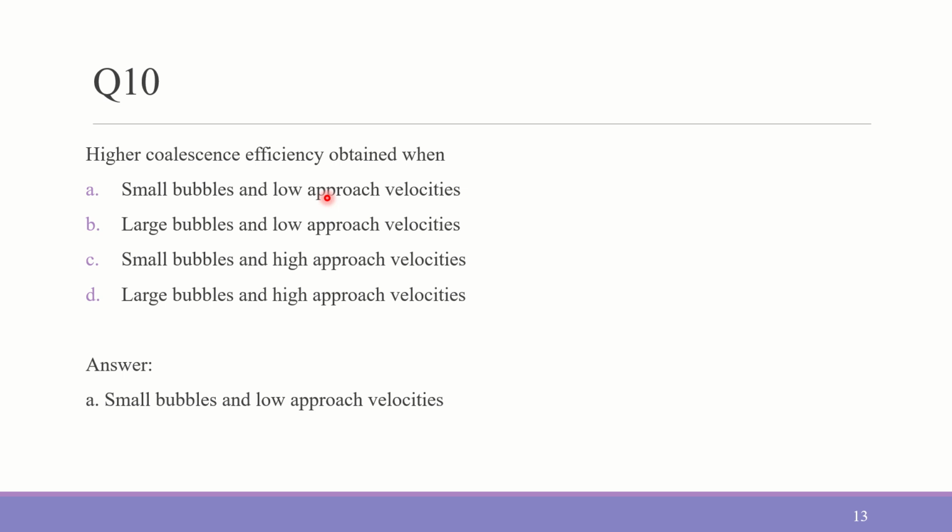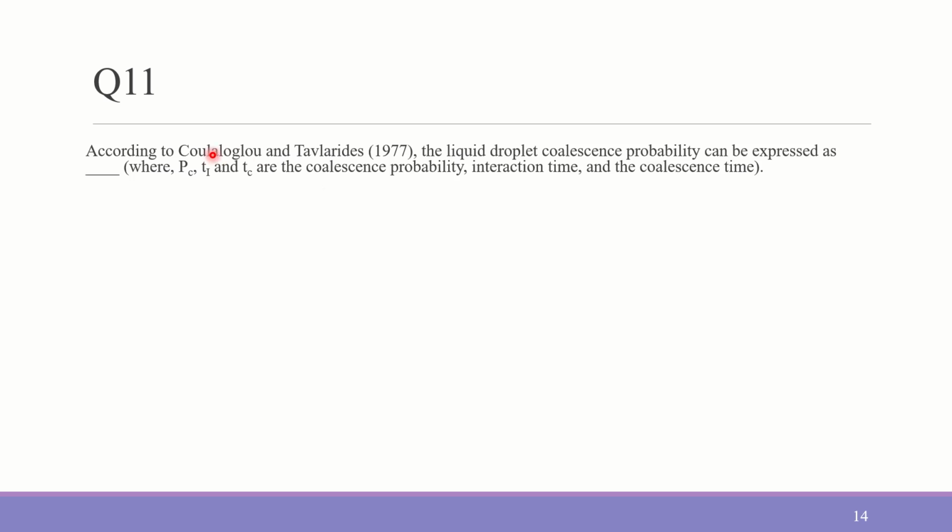Now let us go to question 11. In question 11 it is asked that according to Kuo, Agloo and Taverlite's 1977 model, liquid droplet coalescence probability can be expressed as dash, where PC, Ti and Tc are coalescence probability, interaction time and coalescence time.